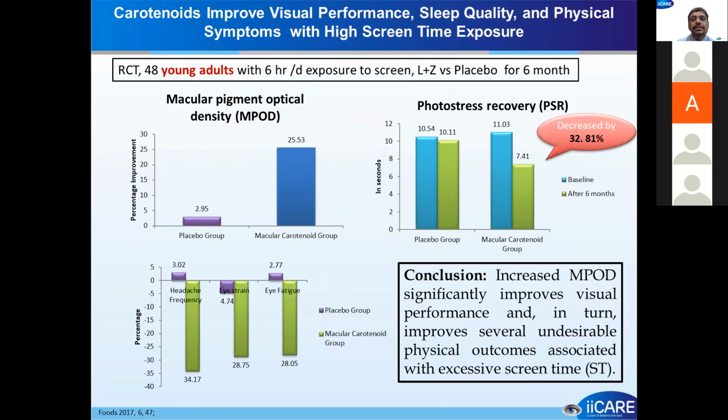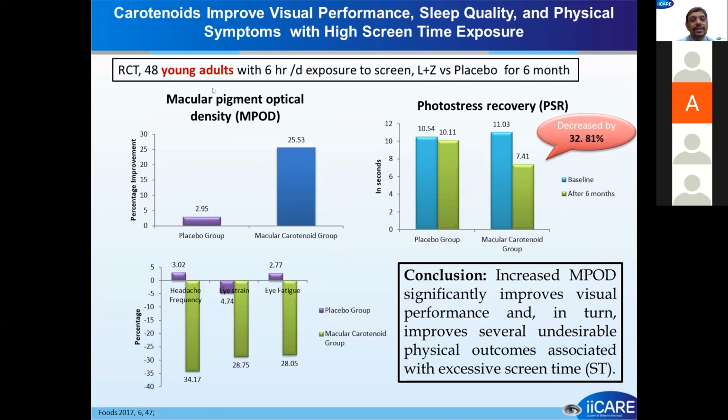Now here, this is the study where lutein supplementation helped to improve the parameters, MPOD as well as photo stress recovery, as well as the other physical symptoms associated with this excessive exposure to blue light.